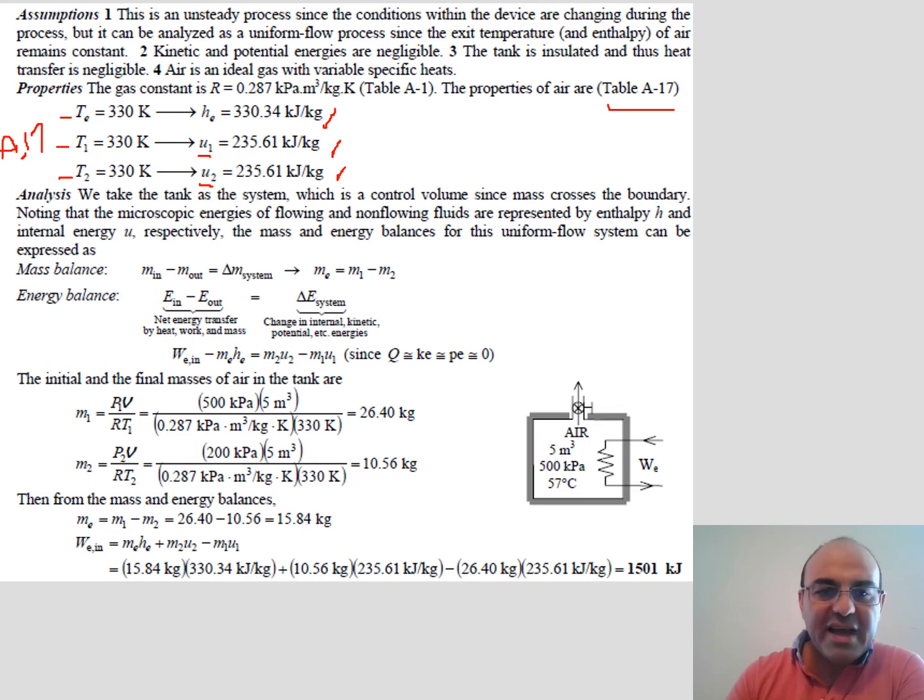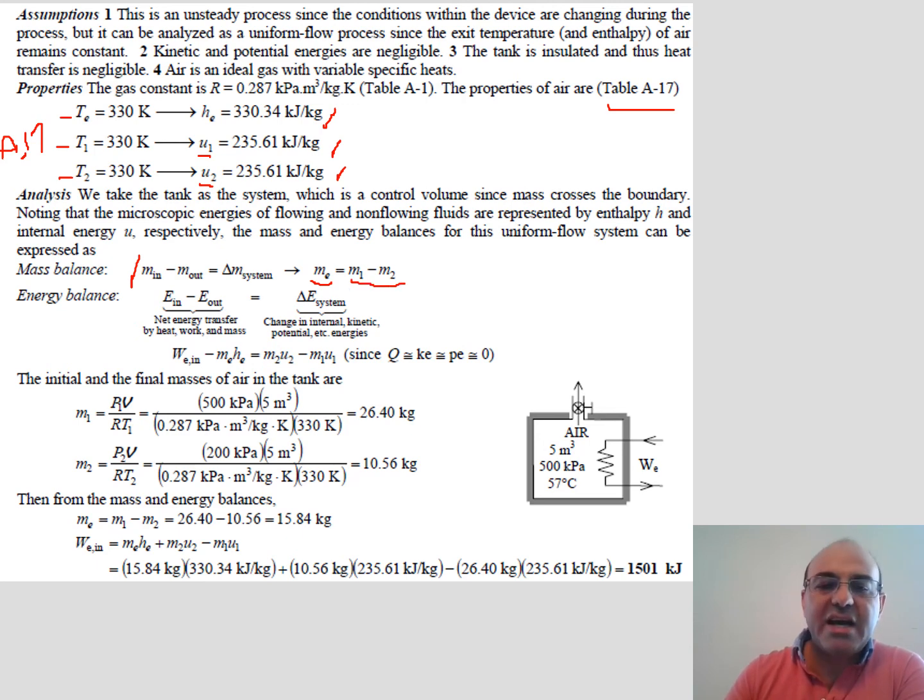Then if you write the energy balance for this uniform flow problem, mass in minus mass out is equal to the change of the mass of the system. There is no mass in, we just have mass out. So the mass out, we can show it here as m_e, mass exit. The mass which leaves the tank is equal to initial mass minus the final mass.